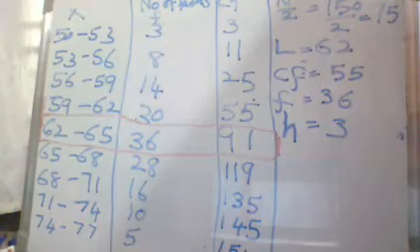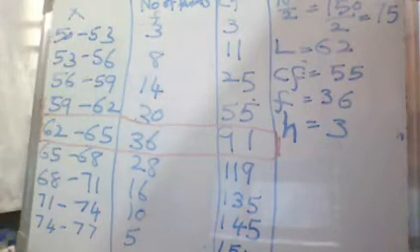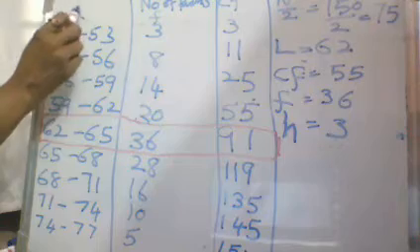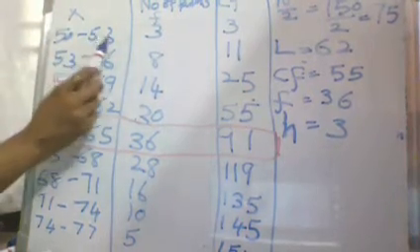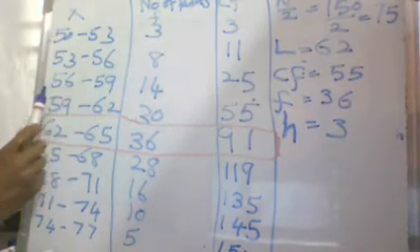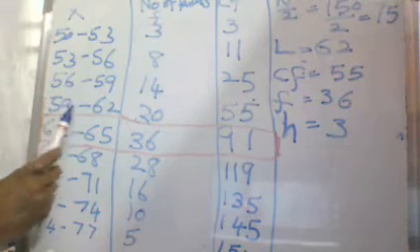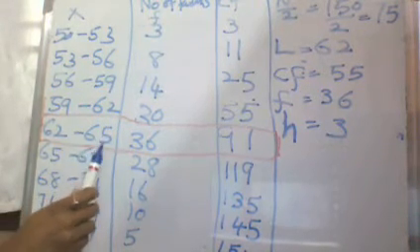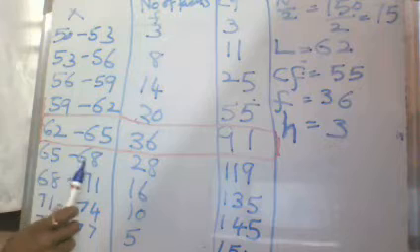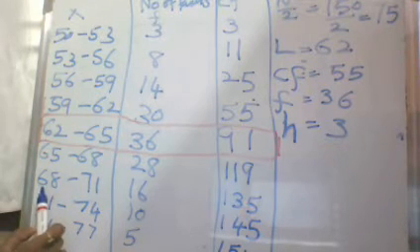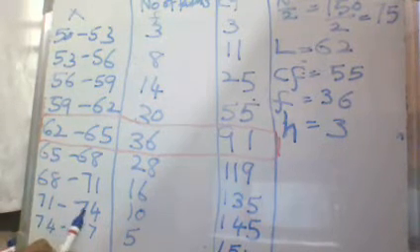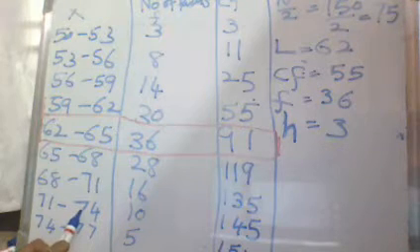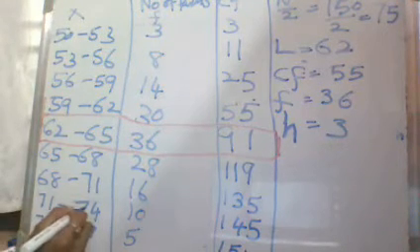What is the yield from that village? That one is this x column. Then x: 50 to 53, 53 to 56, 56 to 59, 59 to 62, 62 to 65, 65 to 68, 68 to 71, 71 to 74, and 74 to 77.